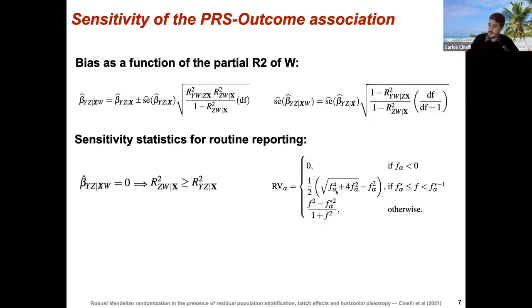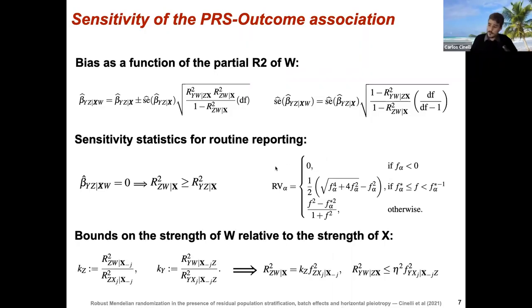For those who are not familiar with the F statistic, this is just a ratio of R squares: R squared divided by 1 minus R squared. Or you can also just get the T statistic and divide by the square root of the degrees of freedom, and you get the F statistic. So it's very easy to compute.